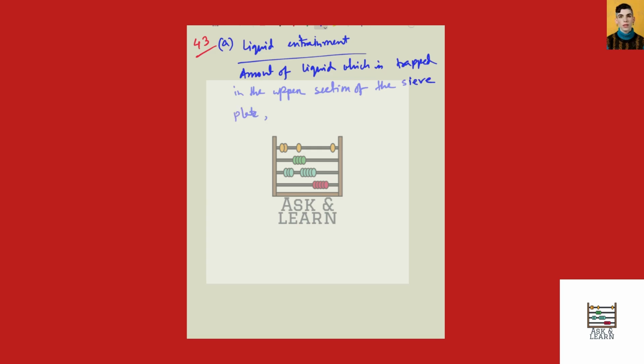In a distillation column, entrainment occurs due to the high velocity of vapor flow rate, which disturbs the transfer of mass.